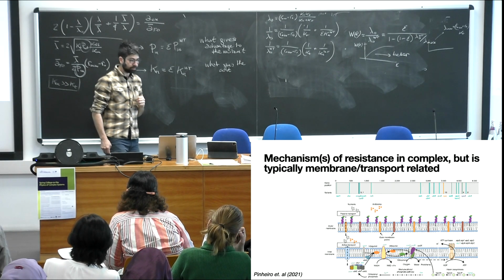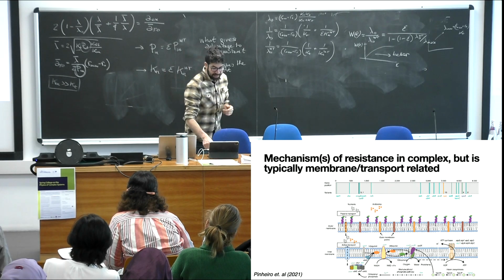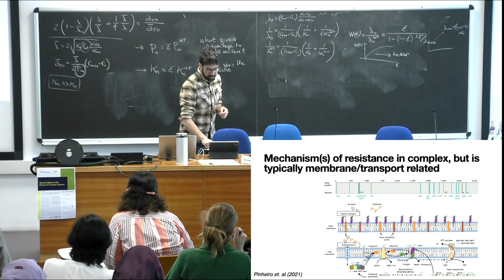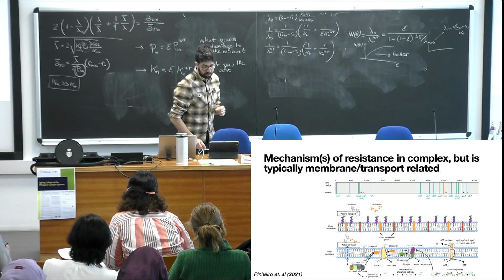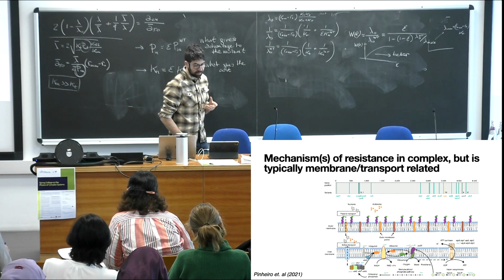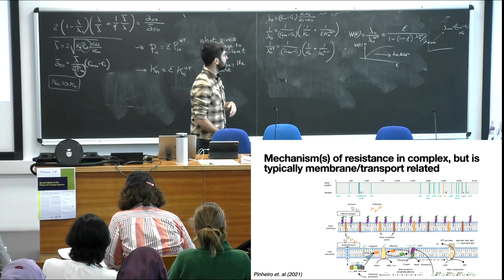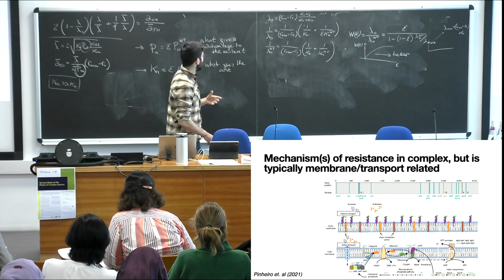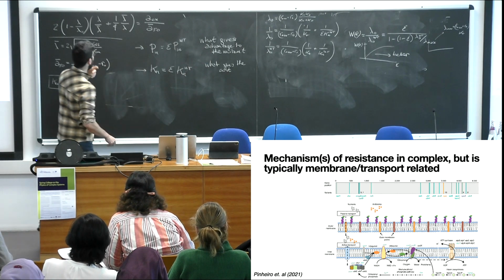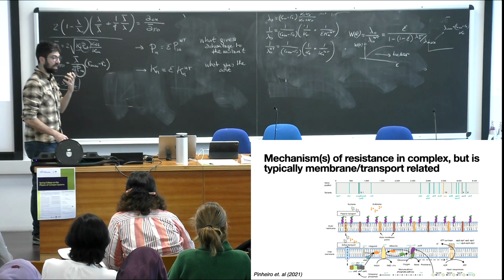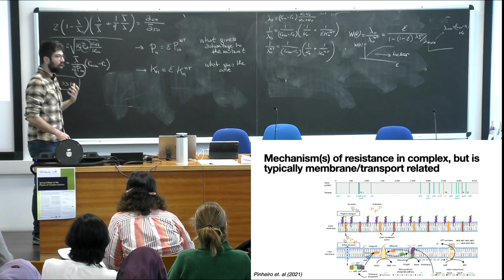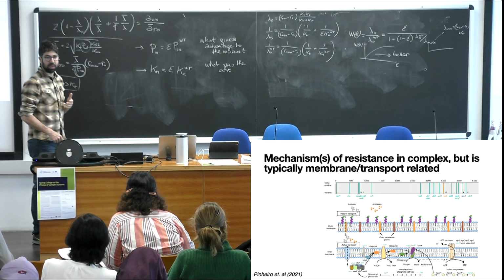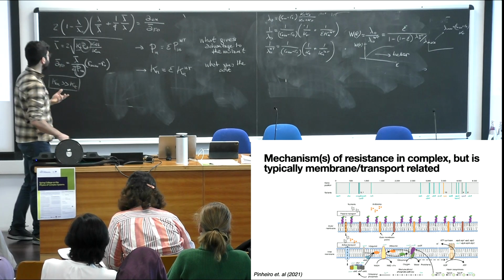Okay? Good. So the other effect that we have to calculate, which is not more tricky, but requires a little bit more analysis, is what is the effect of the mutations on the response to the antibiotics. Okay? So how do we quantify it?